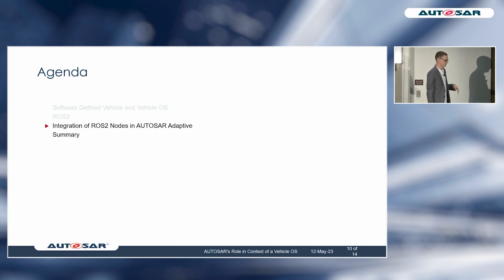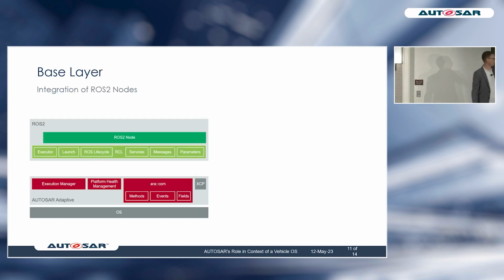This is quite interesting. When we started that activity, we had a look at what is provided by ROS and what is provided by Autosar. This is just a subset, but I think most of you are familiar with the communication paradigms. The Autosar Adaptive communication is ARA::COM. As a communication protocol, we have either SOME/IP or DDS, and usually we are talking about methods, events, and fields.